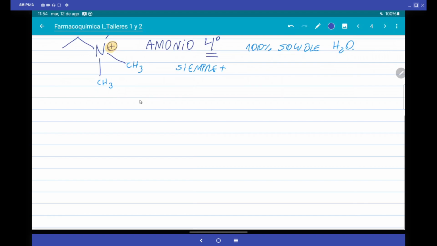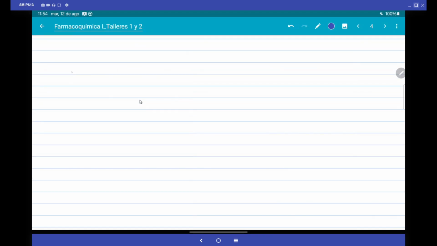Look, let's see, what do you think? This compound that I'm going to draw here is called tetrahydropyranone. Do you think that is soluble in water or not soluble in water? That is not alcohol.